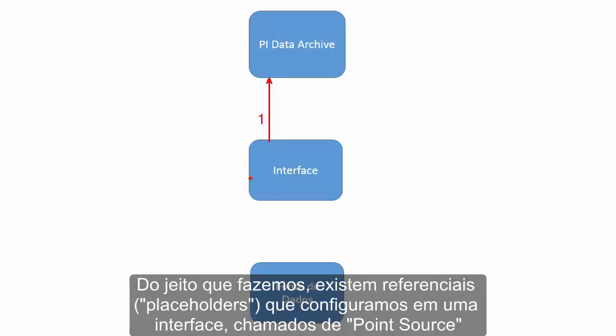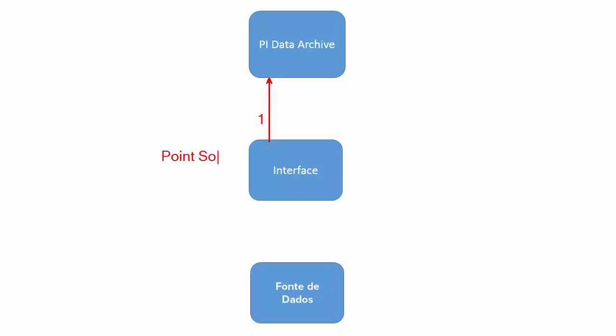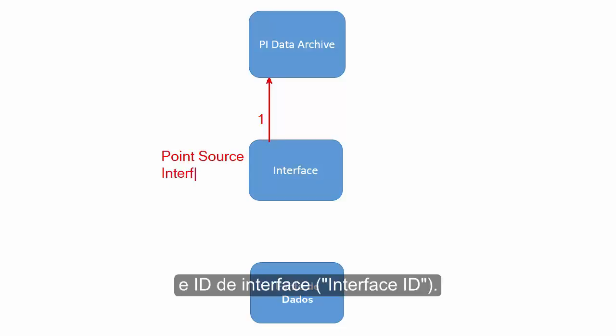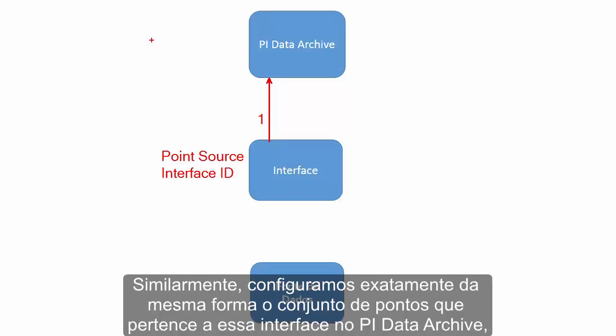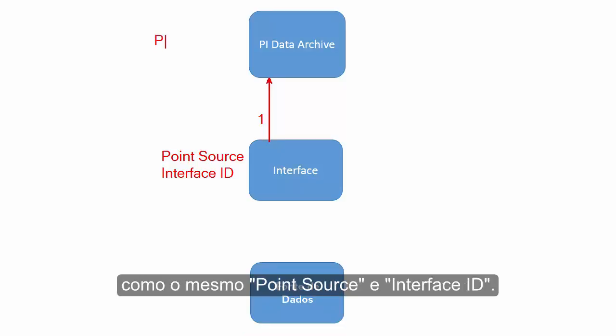The way we do it is there are some placeholders which we configure on the interface, which are called point source and interface ID. And likewise, we configure exactly the same way for the set of points which belong to this interface on the PyData archive, with the same point source and interface ID.